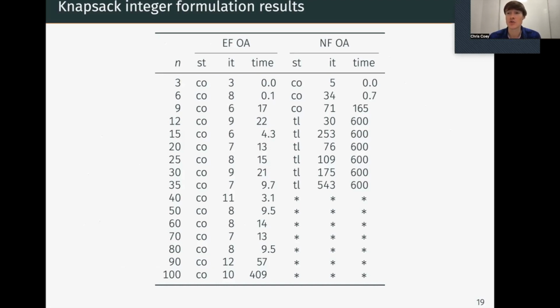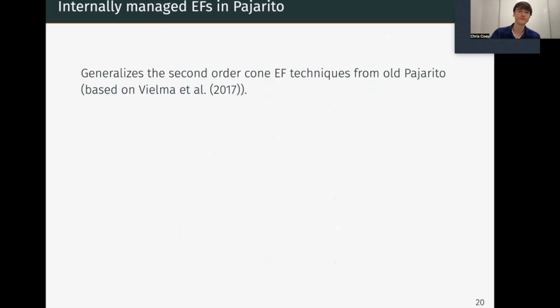But if we go over to the right set of columns, just using the natural formulation for both the conic subproblems and the outer approximation model, the iteration count and the solve time very rapidly blows up, and the problem becomes intractable for Pajarito.